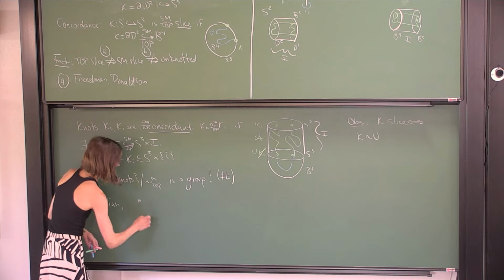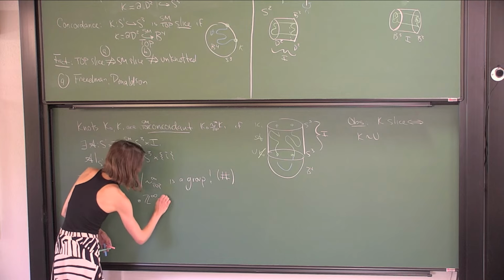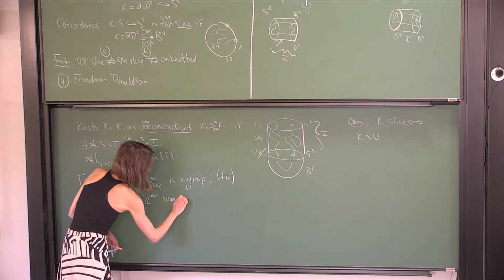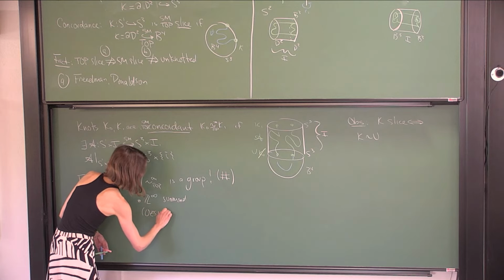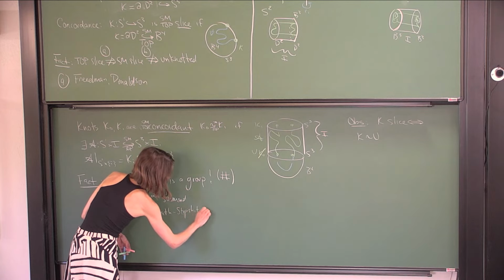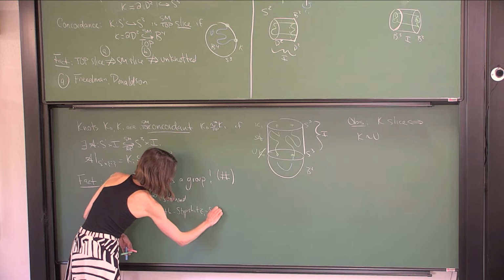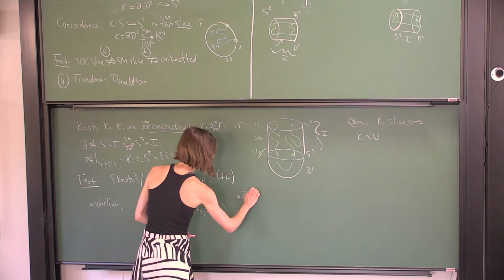It was proven not very long ago that it's kind of big. For example, it has a Z infinity summand. That's work of Ozsváth-Szabó. And it has some torsion. It has 2-torsion.